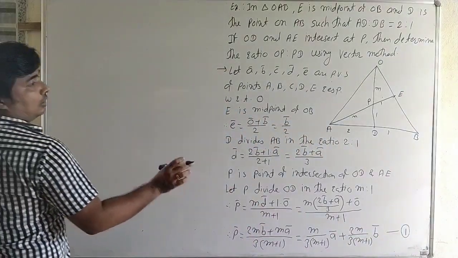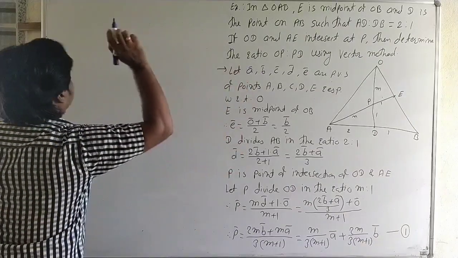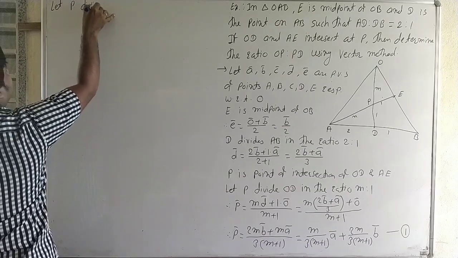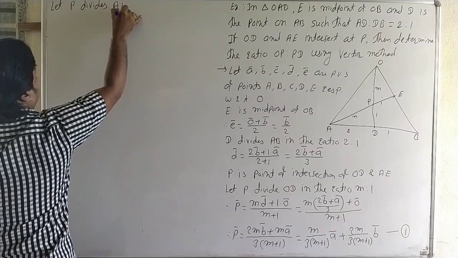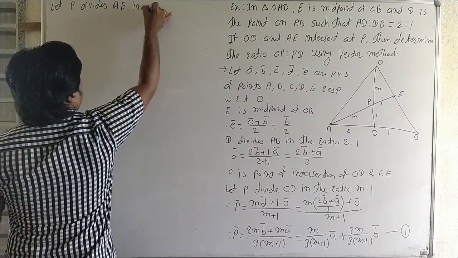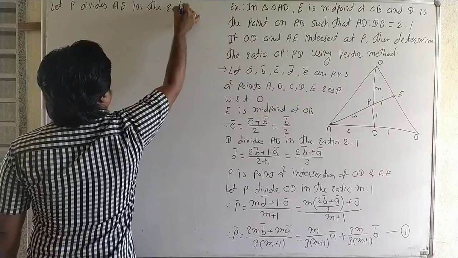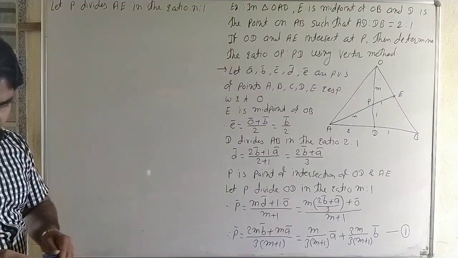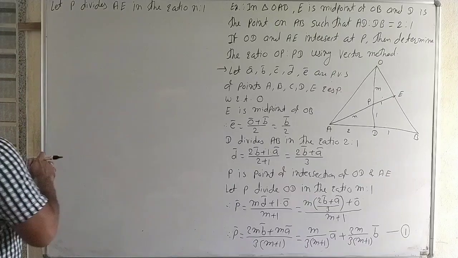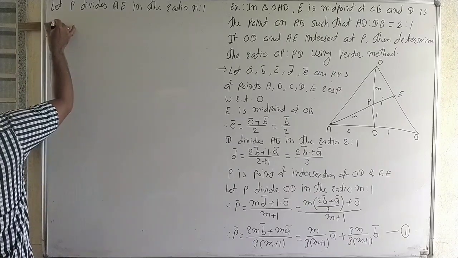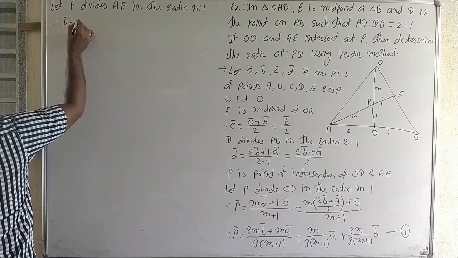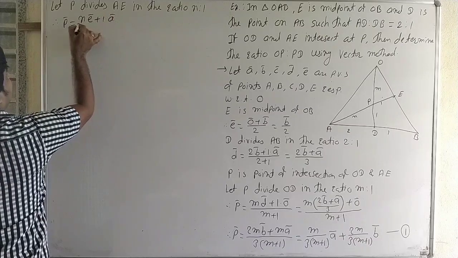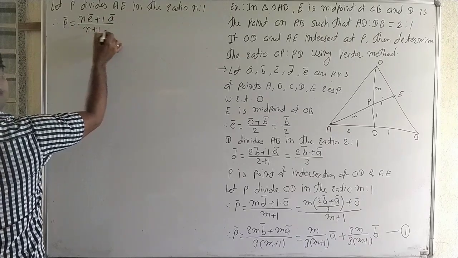Now P divides AE in the ratio n is to 1. Therefore P bar is equal to (n into E bar plus 1 into A bar) upon (n plus 1).